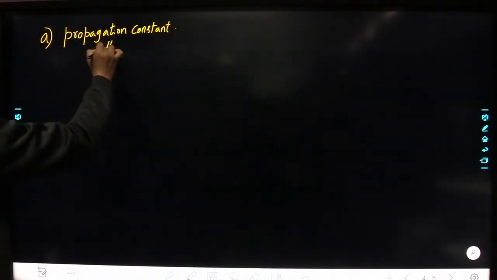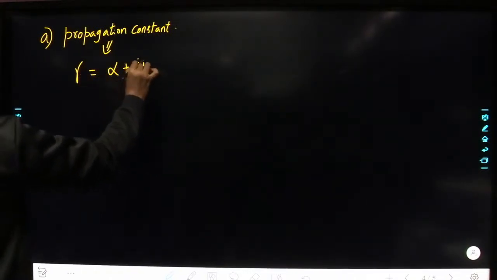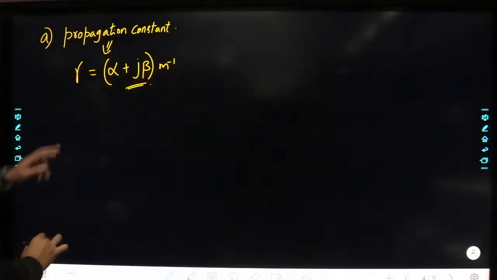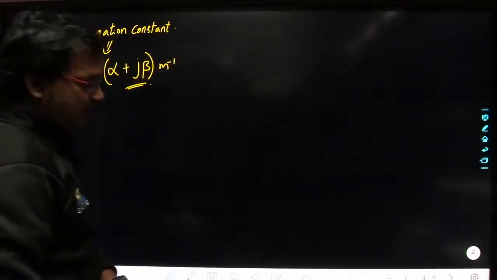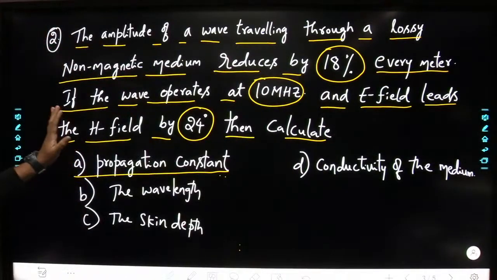So the propagation constant, gamma, is equal to alpha plus j beta, in meter inverse. So you have to determine the alpha value and the beta value. What is the question they have given?